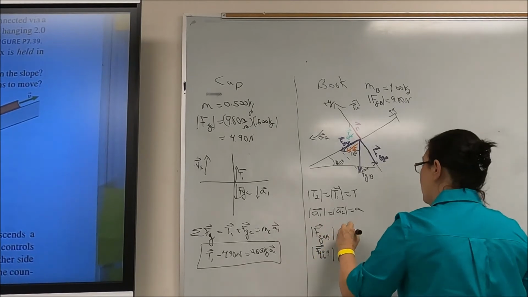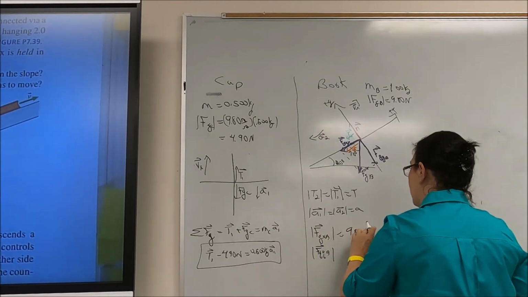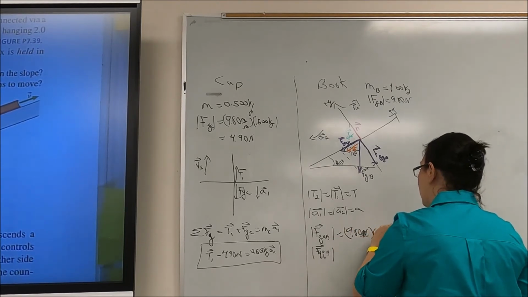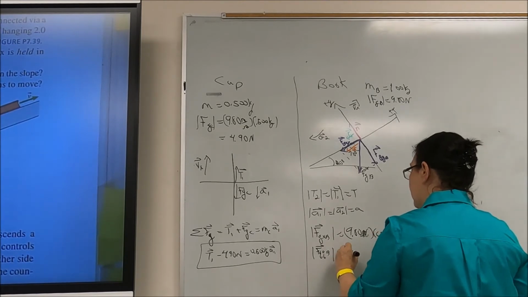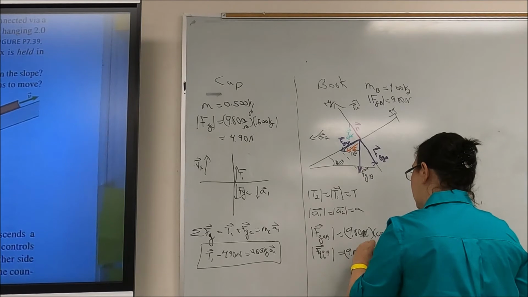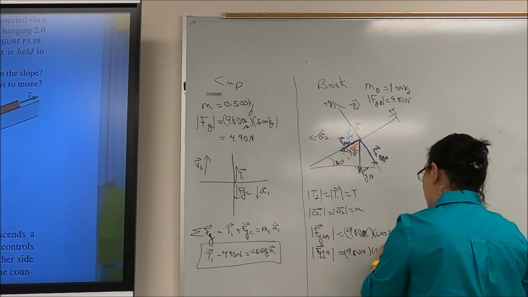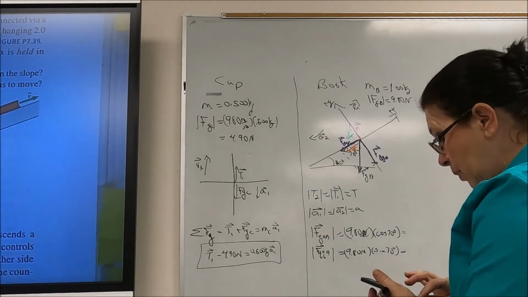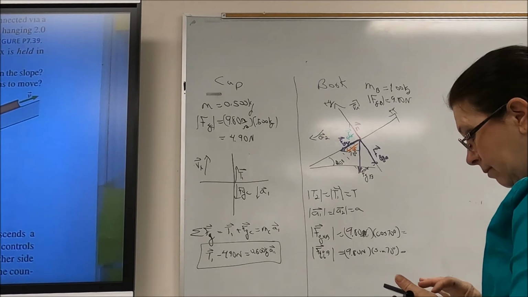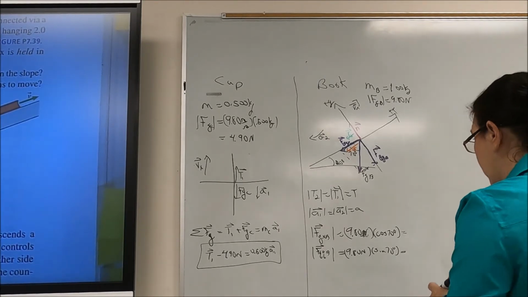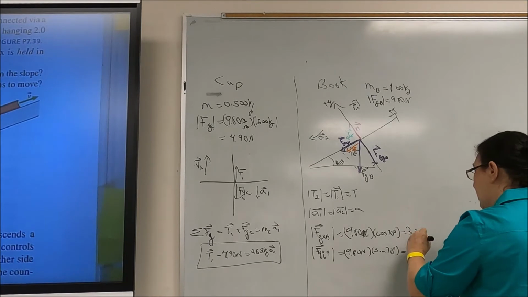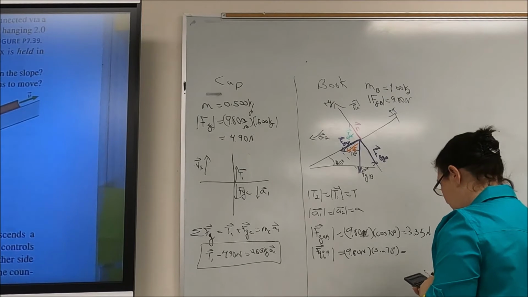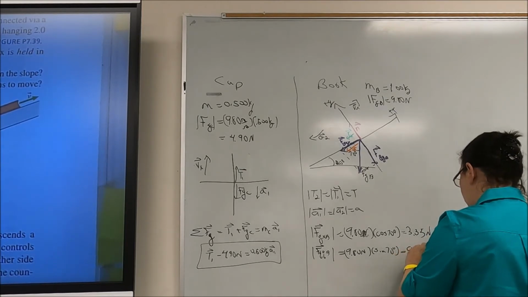So I'm going to take the force due to gravity, 9.80 newtons, and multiply times the cosine of 70 degrees to get the X, and 9.80 newtons times the sine of 70 degrees to get Y. So 9.8 times cosine 70, that's 3.35 newtons. 9.8 times sine 70 is 9.21 newtons.